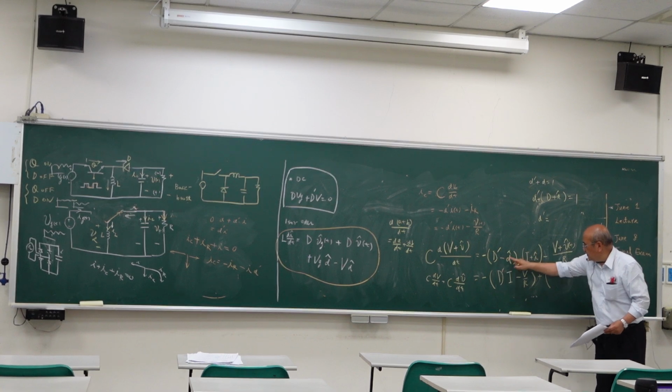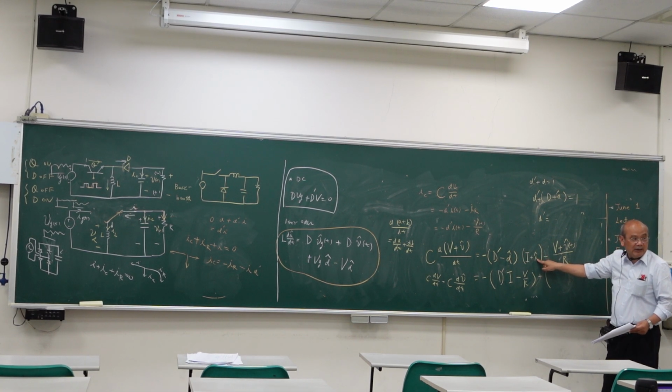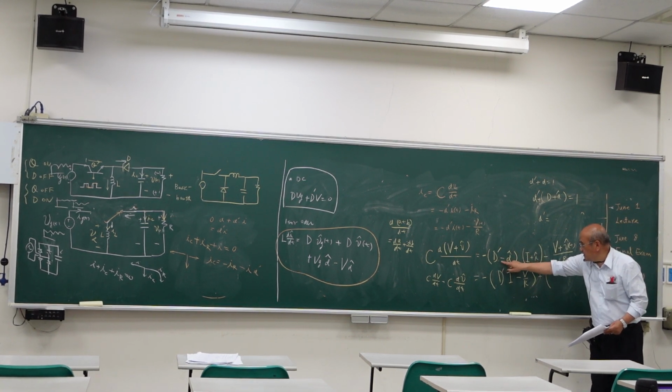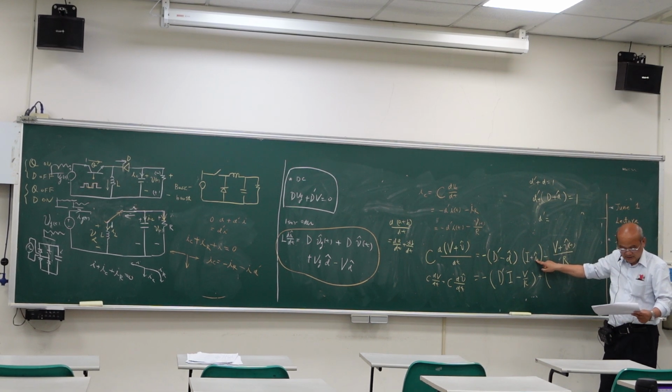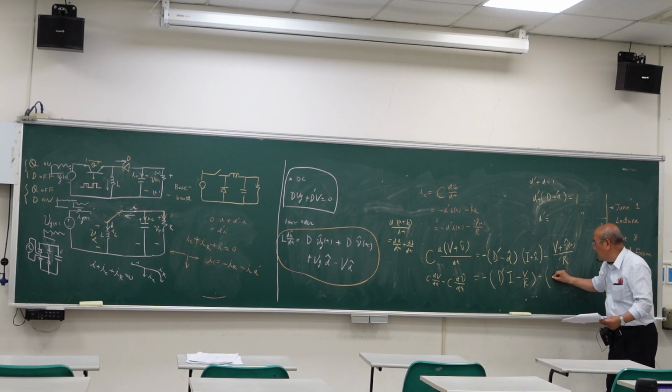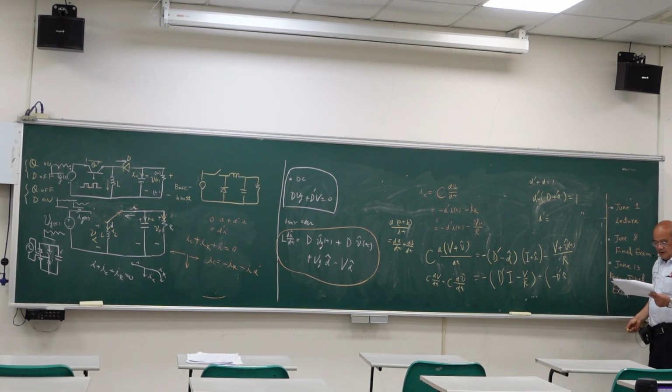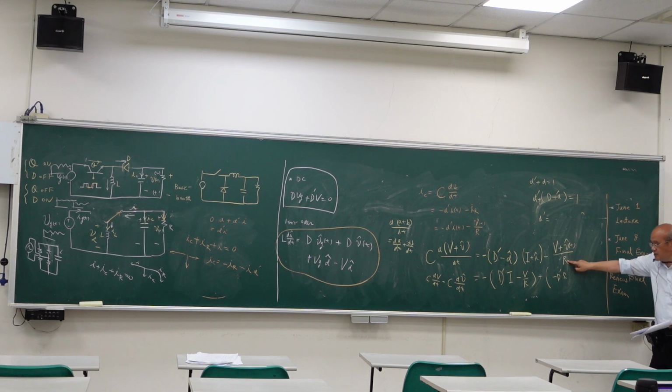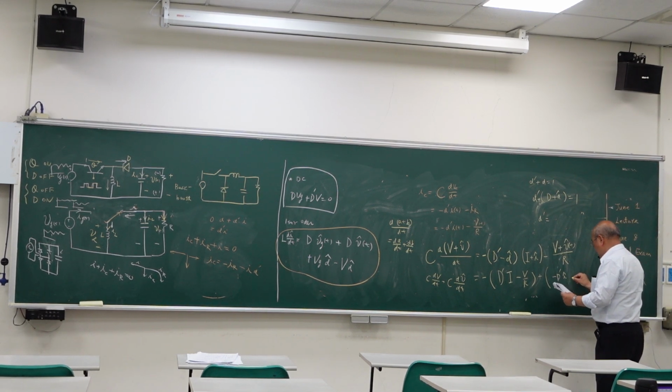This is DC, this is small signal. So we call this what? First order. So how can you write down? Minus D prime I hat. This is the first item. This is small signal, this is constant. So this is first order.